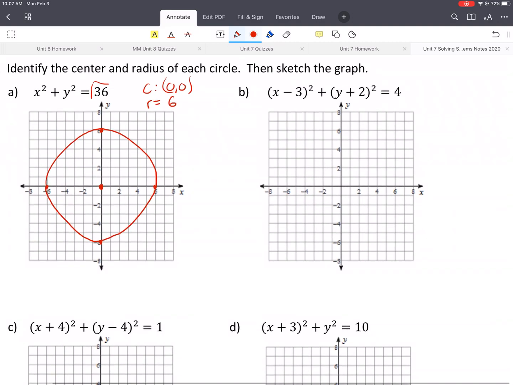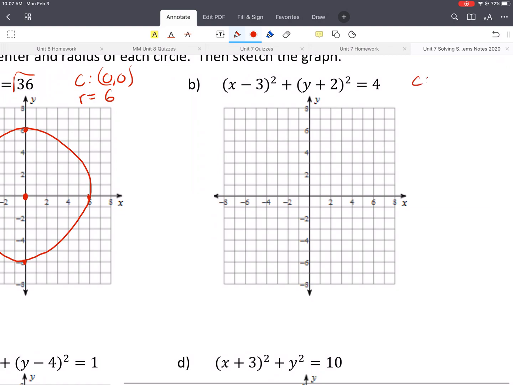Okay, just do your best. Here our center is (3, -2). Again, it's going to be the opposite sign of what's inside. So (3, -2) with a radius of 2, from the square root. Go 2 in each direction.